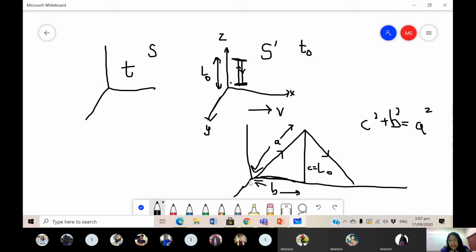Like for example, the light pulse starts from here, and for an observer that is in this frame, in S dash frame, will just see it going up and down, because this light pulse, जो ticker है, it's not moving with respect to an observer that's also in the same frame, because even though the frame is moving with velocity v, the observer and this clock, जो भी apparatus हैं, they are at rest with respect to each other.